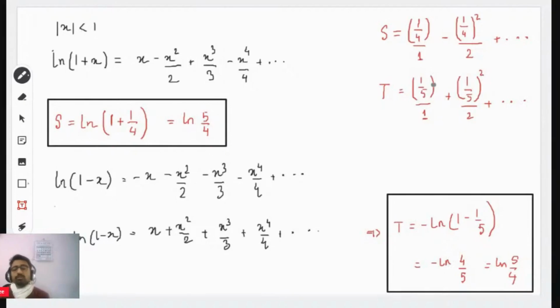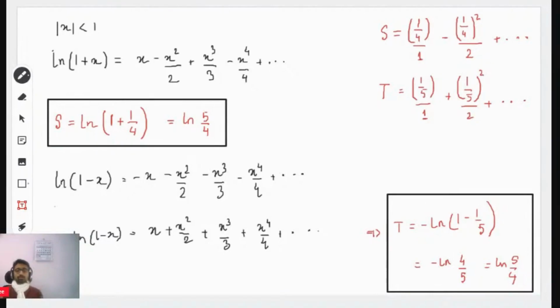And similarly, for T, we have to transform it so that all the coefficients are positive. You can write log 1 minus x, which turns out to be minus x minus x squared by 2 minus x cubed by 3. If you replace x by minus x, or just put a minus sign in front, you will get the positive series x plus x squared by 2 plus x cubed by 3.